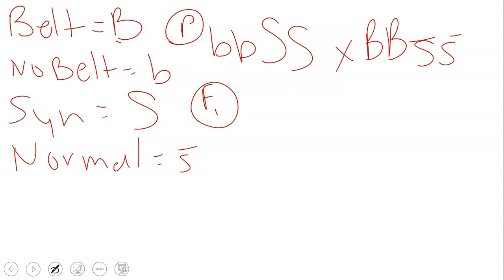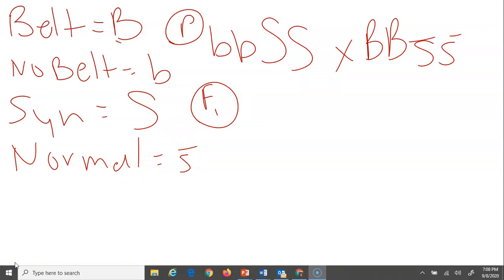Hopefully, just by looking at that, you could see that all of the F1 offspring should be heterozygotes. So how do I know that? Well, let's do the Punnett square.